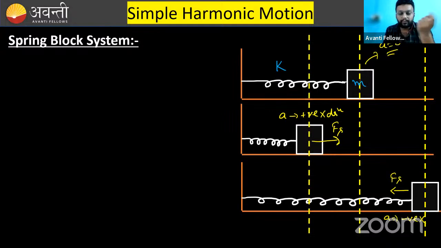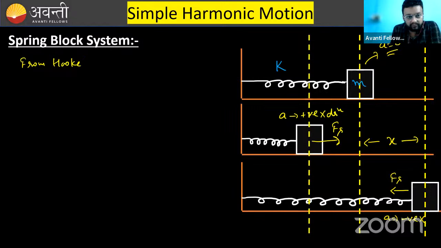Now, what we need to prove here is that acceleration is going to be proportional to x. Let's suppose the displacement is x. You know that from Hooke's law, now a lot of students may not remember what Hooke's law is.